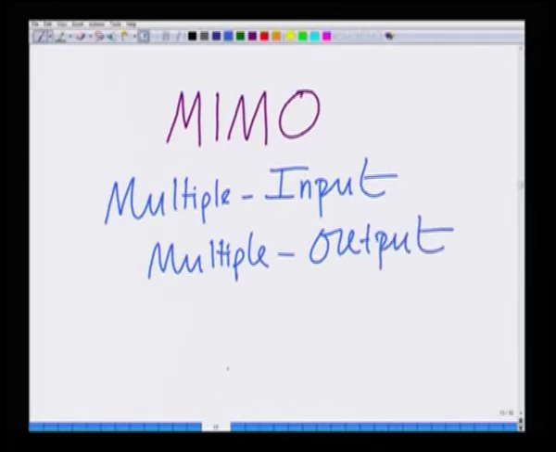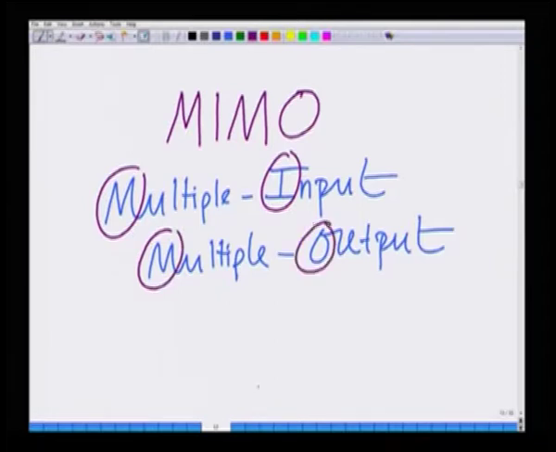So, MIMO stands for multiple input multiple output, or often called MIMO wireless system. So, we are going to discuss MIMO, the properties of MIMO wireless communication systems. That is the next topic we are going to talk about.